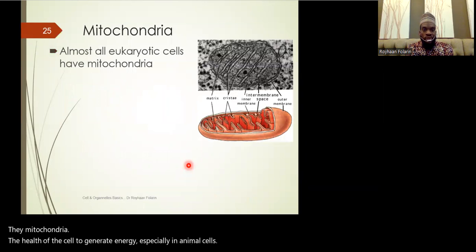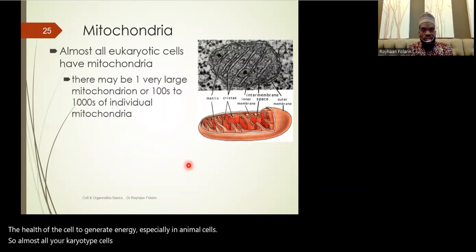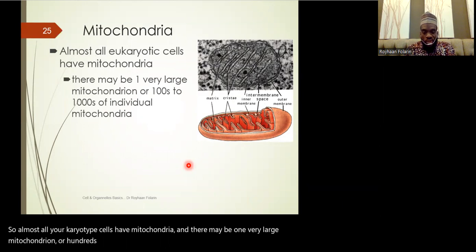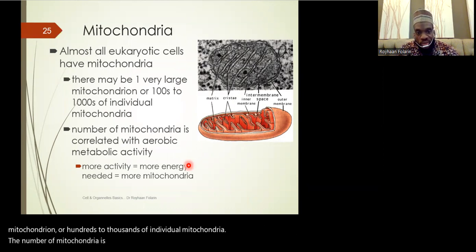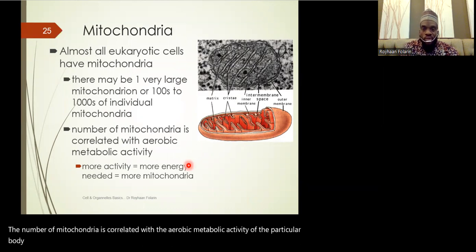So almost all eukaryotic cells have mitochondria, and there may be one very large mitochondrion or hundreds to thousands of individual mitochondria. The number of mitochondria is correlated with the aerobic metabolic activity of the particular body or of the cell or of the system in which the cell is found.